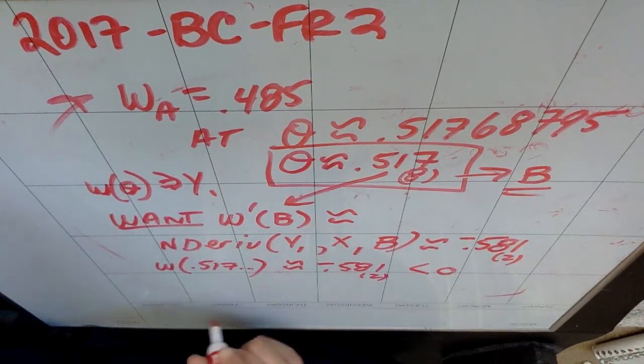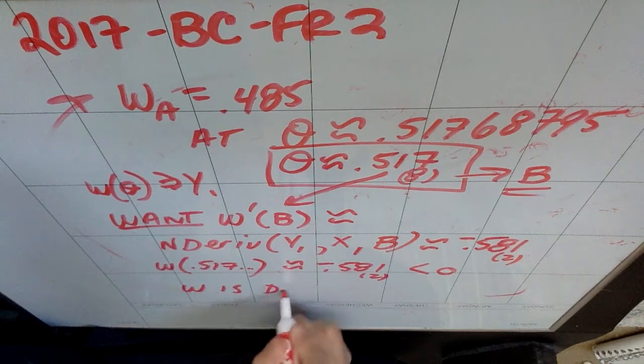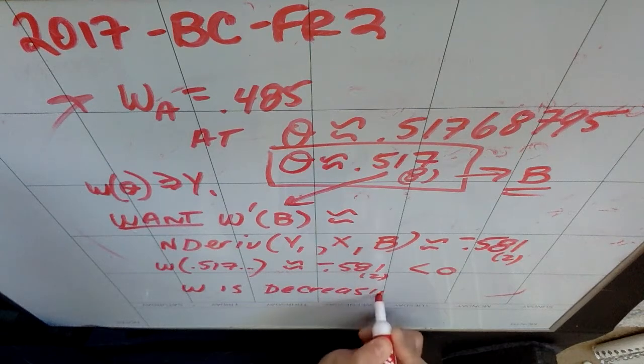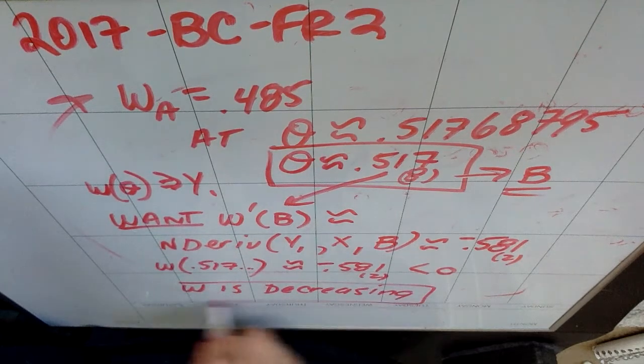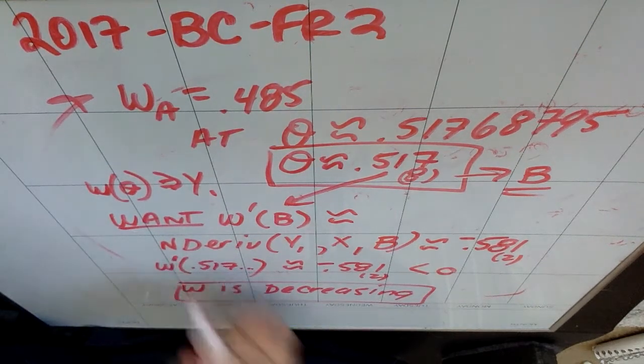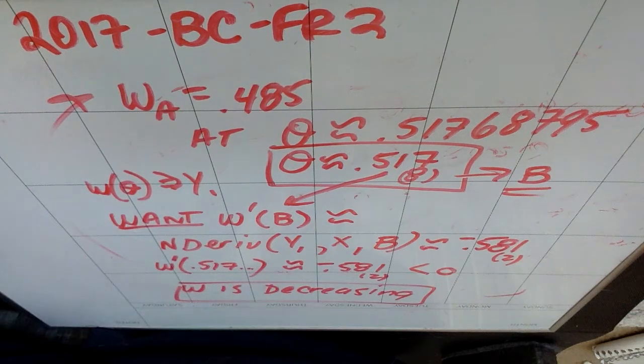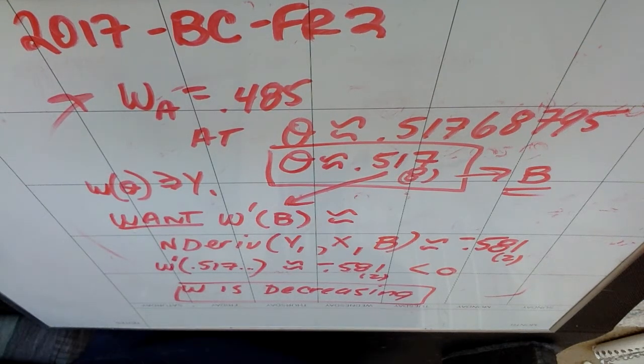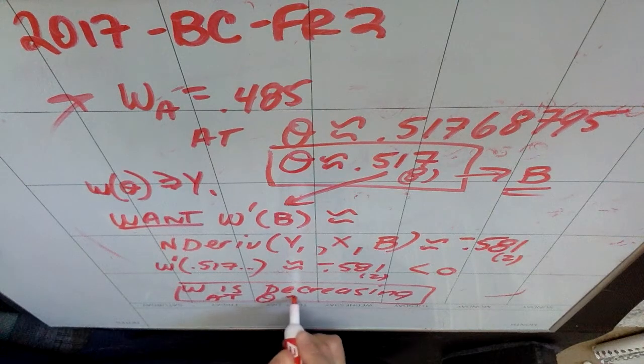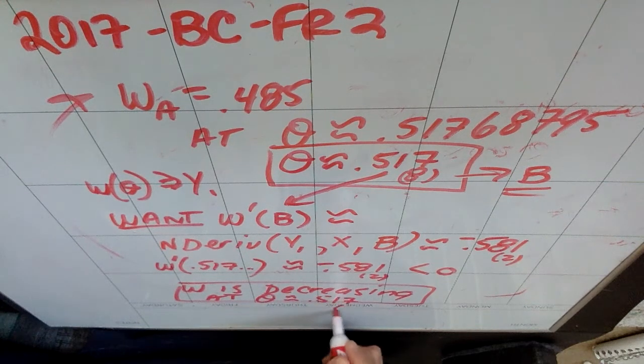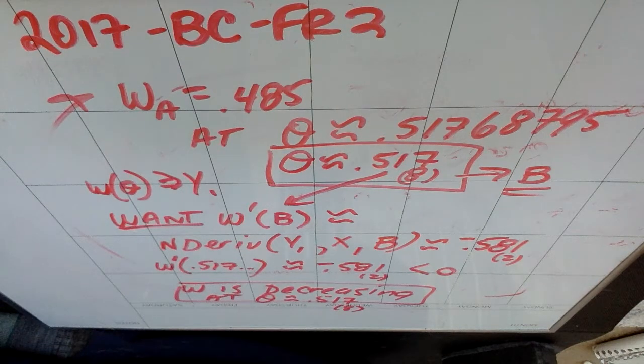It's less than 0, so W is decreasing, right? If W prime is negative, then W is decreasing. So W is decreasing at theta equals whatever that point value is. So that's the deal. Again, sometimes you're going to be midway through a polar problem and have to switch to function mode, which was crazy, but you do what you got to do.